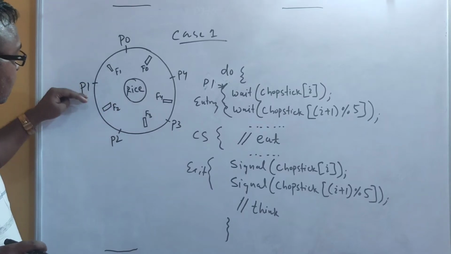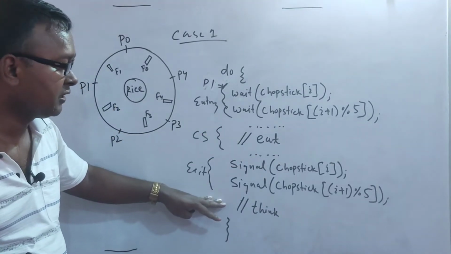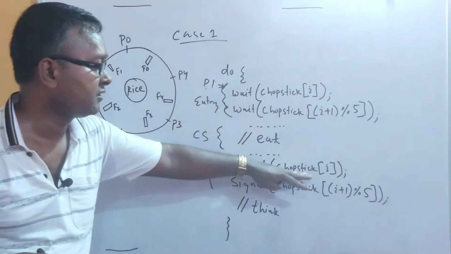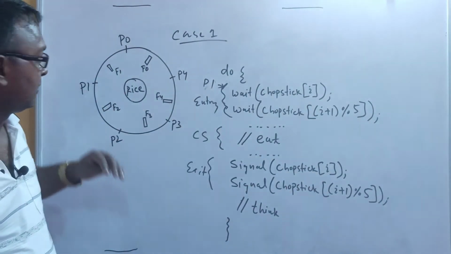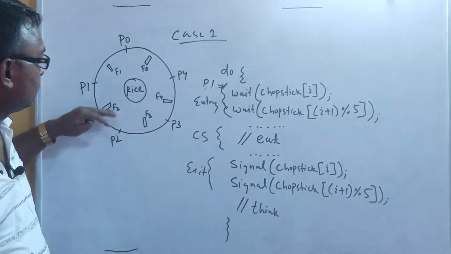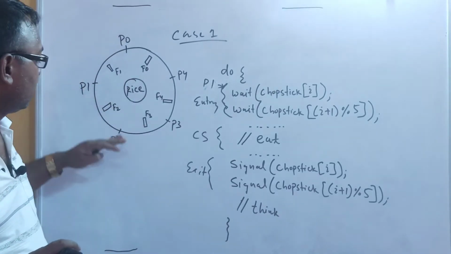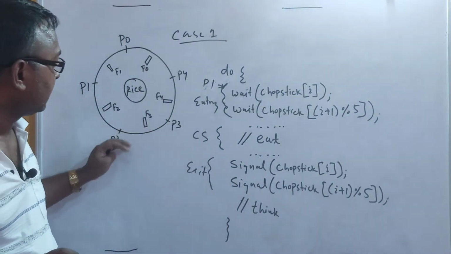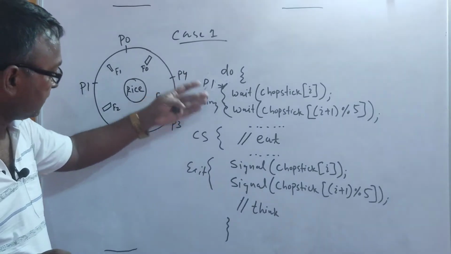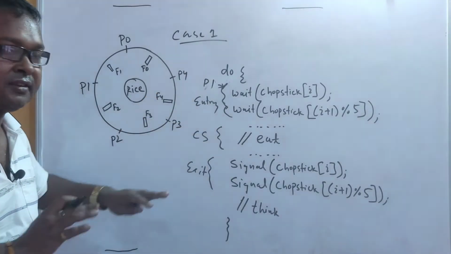When it completes eating the rice, it will execute the exit section, signal chopstick I, put F1 on the table, and signal chopstick I plus 1, that means 2 chopsticks are there on the table. P1 complete. Likewise P2 will complete, execute this code, complete its eating activities, exit section, over.